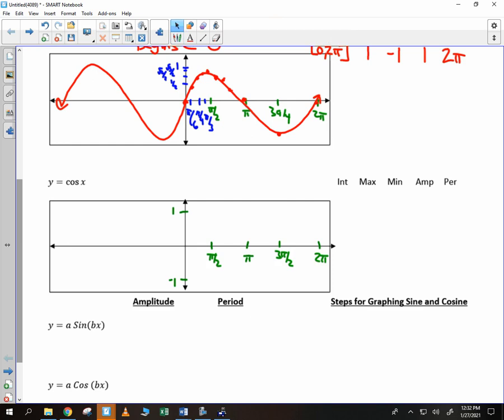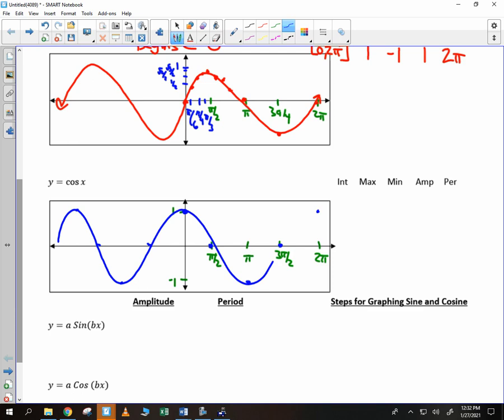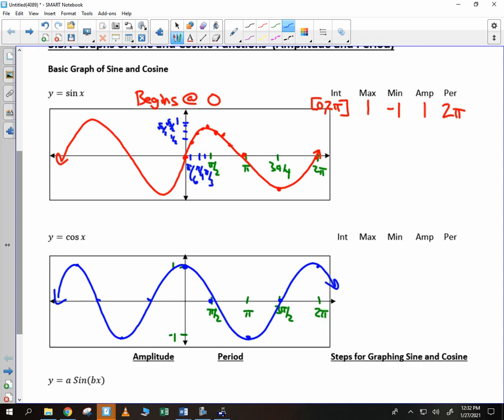The difference is it starts up at 1, and then it drops, bottoms out, and heads back up. So this is the basic cosine graph. Looks almost identical to sine. The only difference is it begins at 1.